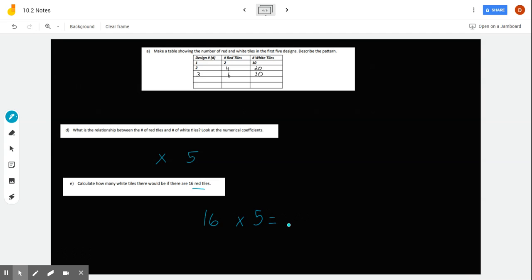Now, if you multiplied 16 by 5 and you got the answer of 80, you'd be correct. So in that design, if there were 16 red tiles, we know that as the red tiles were increasing, they were increasing the white tiles by a factor of 5. So 16 red tiles times 5 would give 80 white tiles.